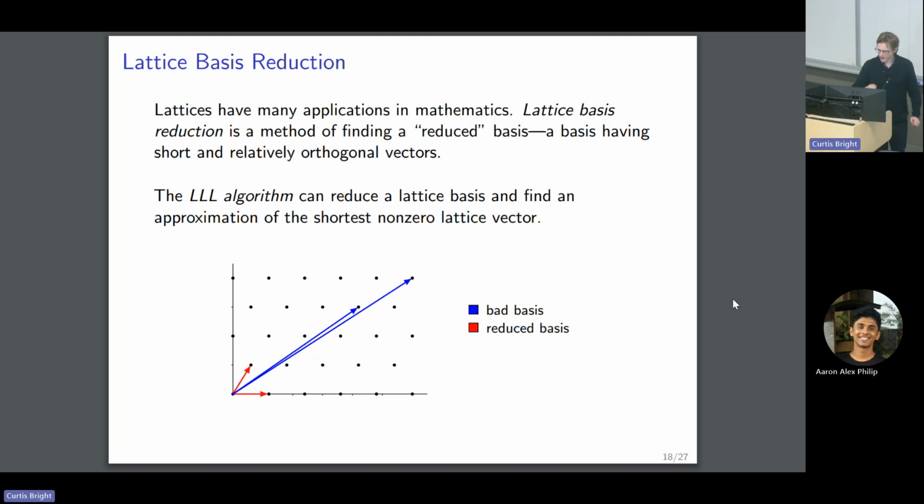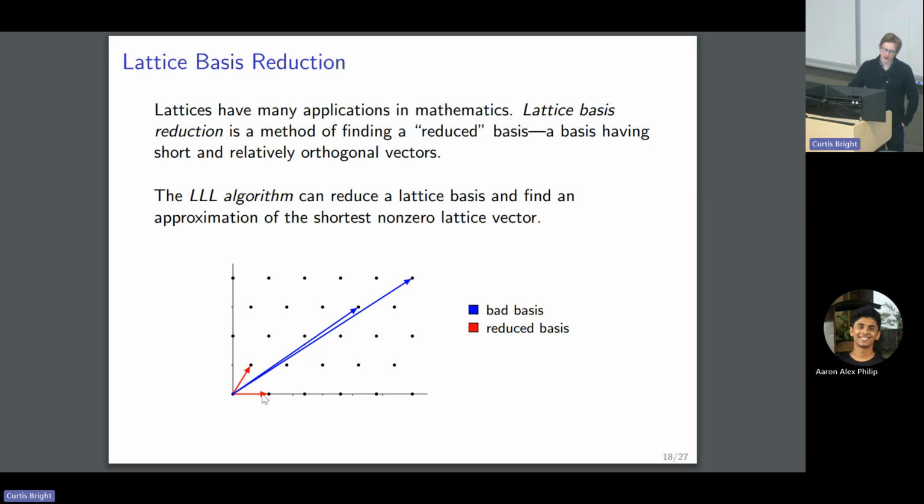So why are lattices so widely used? One of the reasons is that there's a nice computational way of reducing a lattice, which means essentially finding short lattice vectors, even if your basis consists of long lattice vectors. It's better to look at an example. This is the same as the previous slide, with the same two red vectors which generate the lattice.